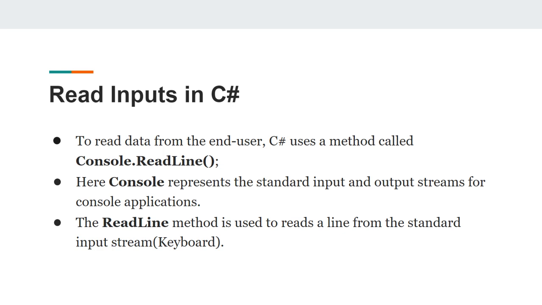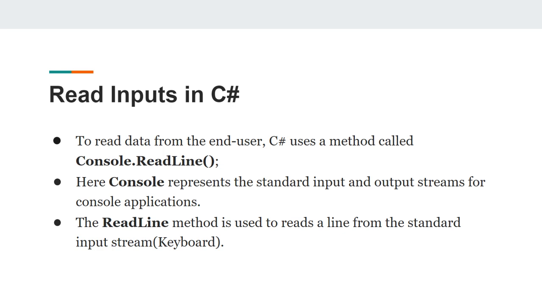Reading inputs in C#. To read data from the end user, C# uses a method called Console.ReadLine. Here, Console represents the standard input and output stream for the console application.